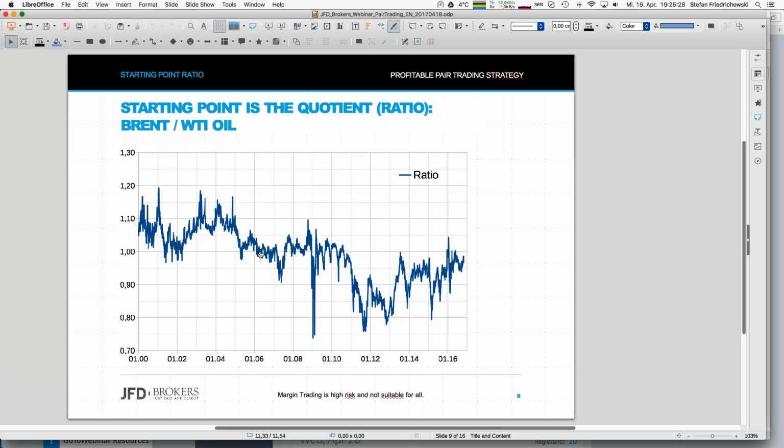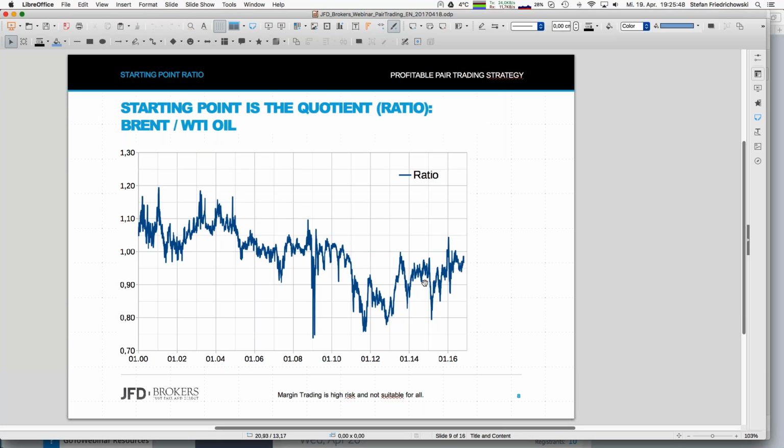It looks a little bit like noise, I know, but exactly that kind of noise is what we will trade later.